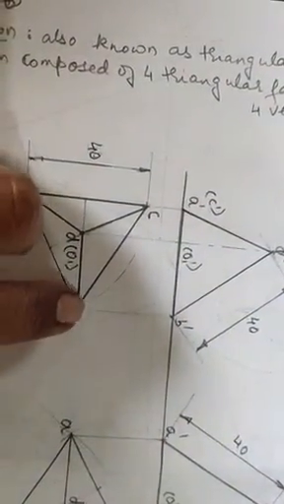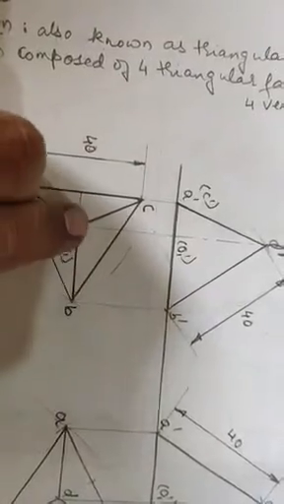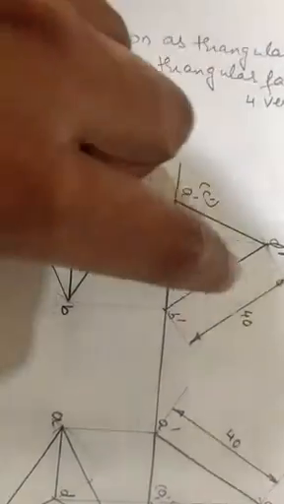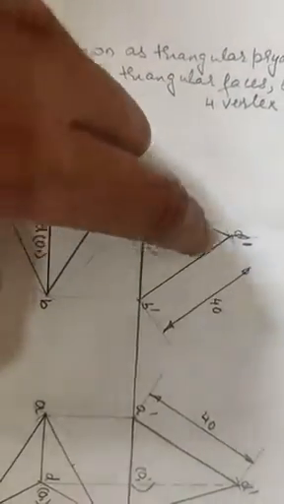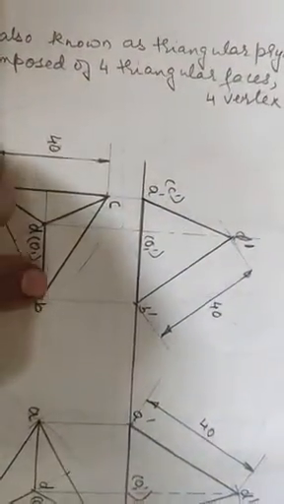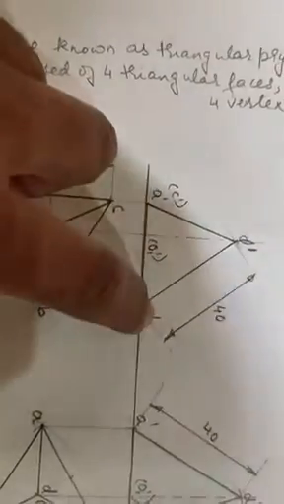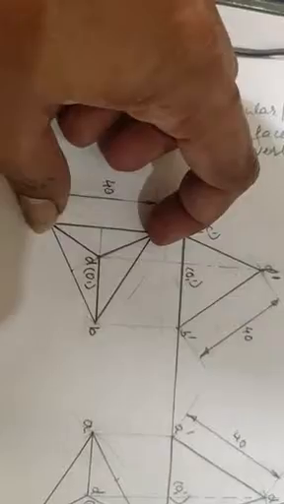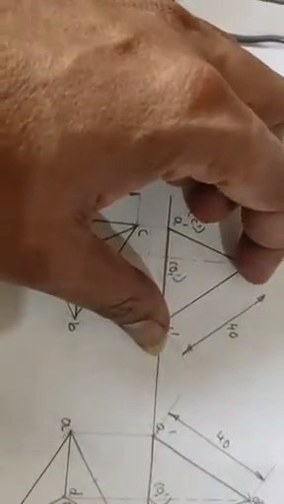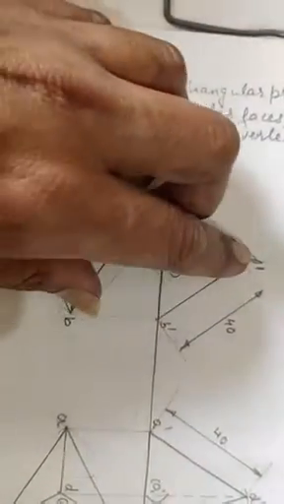Now just see, DB is parallel to the vertical plane, so it has to be in true length in the front view. This concept we have studied in projection of straight lines. Whichever line is parallel to the vertical plane or XY line will be in true length. So you take 40 mm here. Since we know all the sides are 40 mm, you keep it over here, cut this, and you have got this corner.